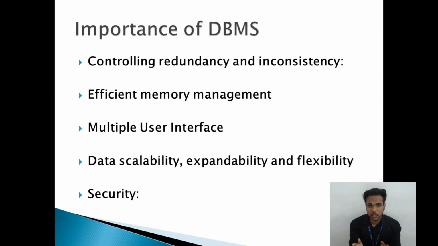Consistency and inconsistency are two opposite meanings. Consistency means having continuous accessibility to the data. Inconsistency means breaking of data while retrieving it. The DBMS allows us to eradicate the breakage and inconsistencies of data.